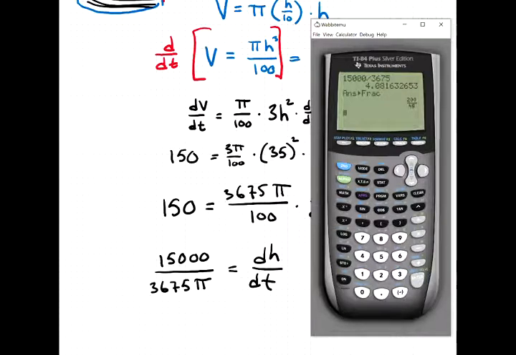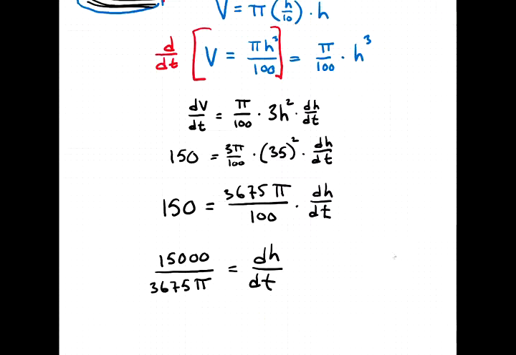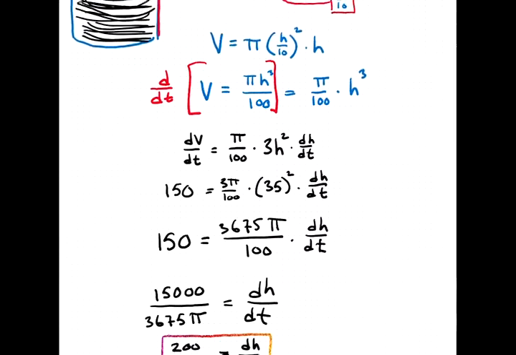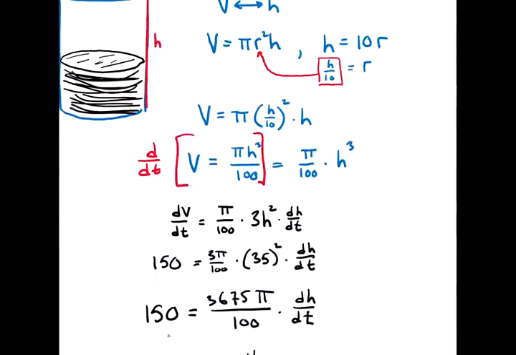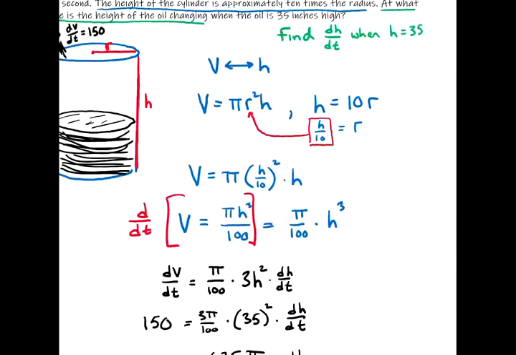So 200 over 49 pi is our value for dh/dt. Now remember, this is the rate of change of the height at the exact moment when the height is 35 inches. If the height is 40 inches, there's a different rate of change. Okay, that about does it for this problem.